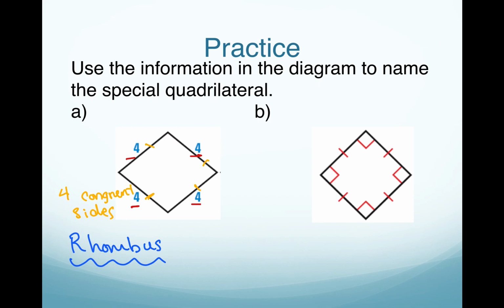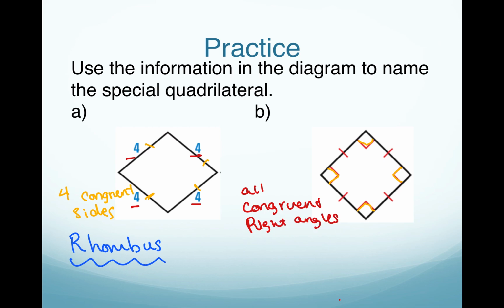Part B, what I notice when I look at this picture is that all the angles are right. If all the angles are right angles, that means they're all congruent. So we have all congruent angles, all congruent right angles.